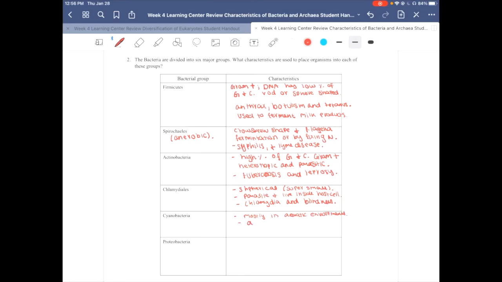They're all photosynthetic. Some can fix nitrogen, and some live in association with fungi, and when they do that, it's called lichens.